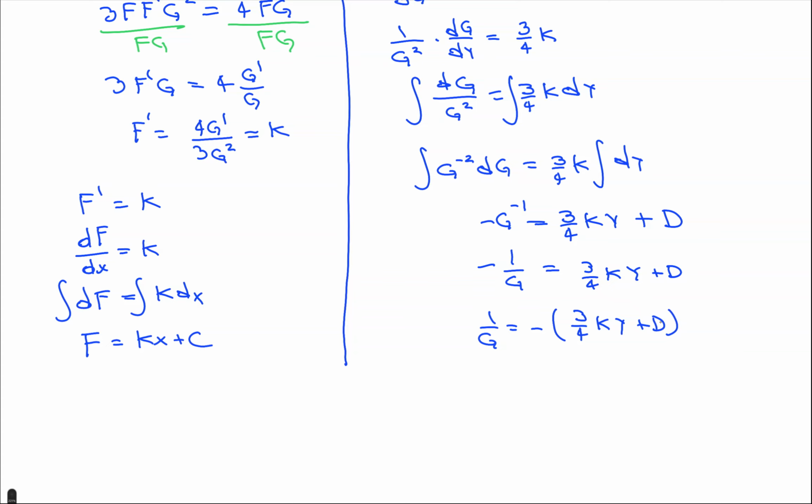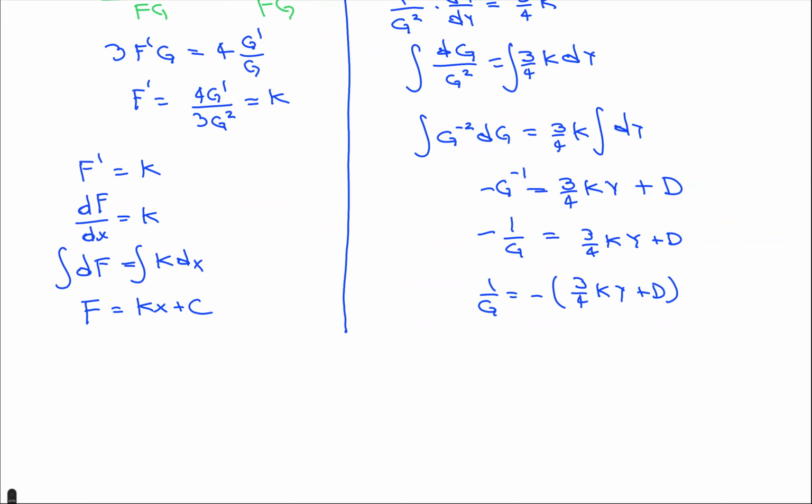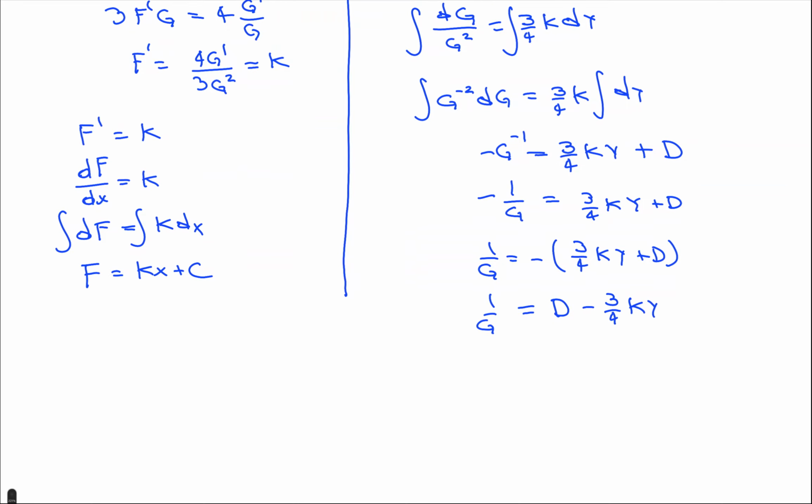However, the negative multiplied with the constant of integration d is just going to get absorbed by the constant. So that's going to leave us with d minus 3 over 4 ky, and we're almost there to get the g.